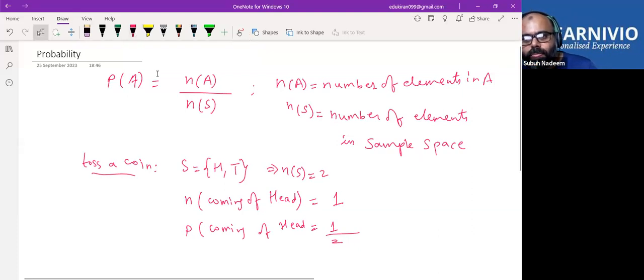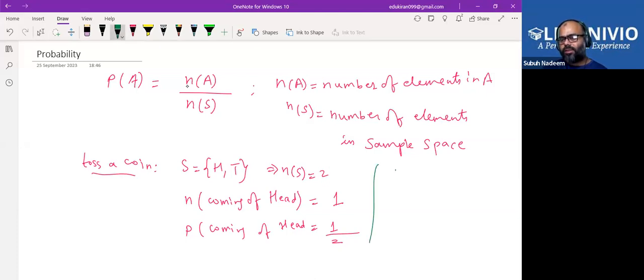Yes, sir. So now suppose we are throwing a dice, and if someone asks what is the probability of getting an event A, where A is coming of odd primes, can you tell me what it will be?